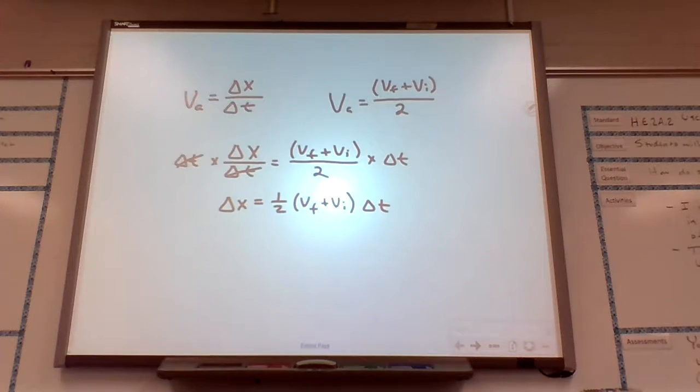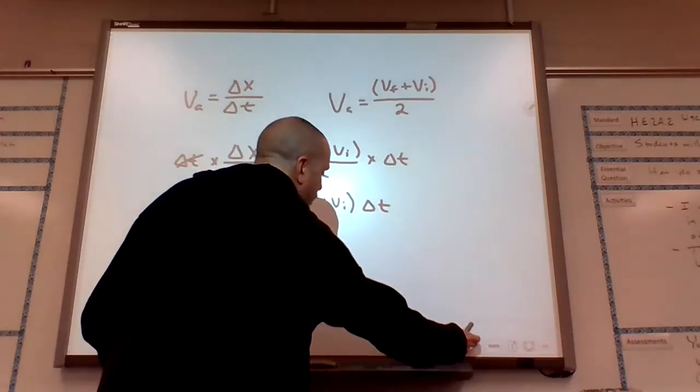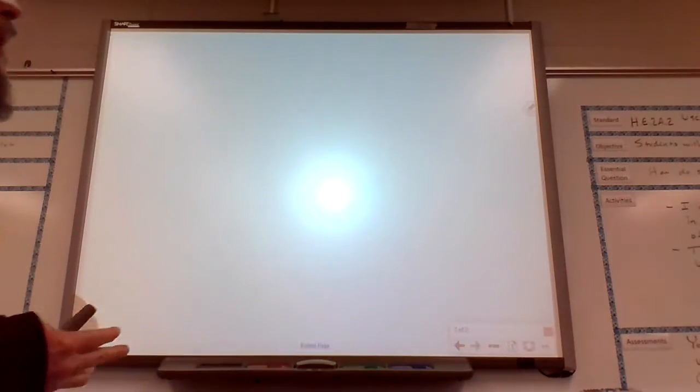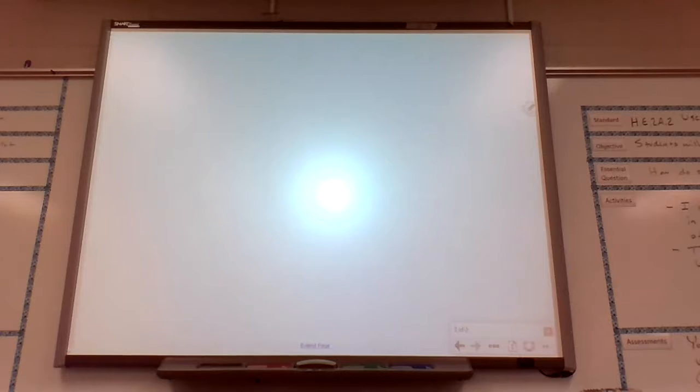It gives us a different way of looking at some of these motion scenarios that we learned about in class. It makes our bag of tricks a little bit deeper, allows us to analyze more scenarios from different kinds of motions.